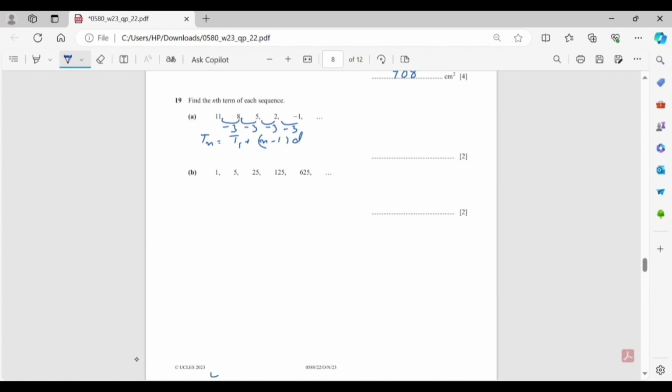T1 is the first term, which is 11, plus n minus 1 into the common difference minus 3. So this Tn will be equal to 11 minus 3n plus 3, which is equal to 14 minus 3n. So our answer is 14 minus 3n. Next.